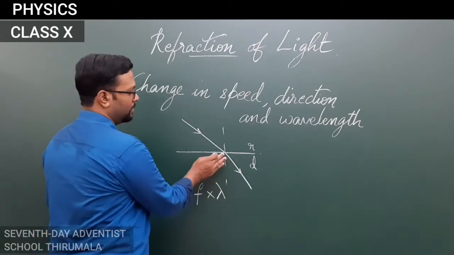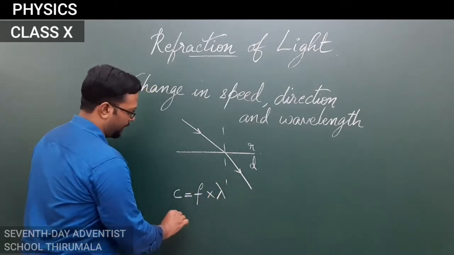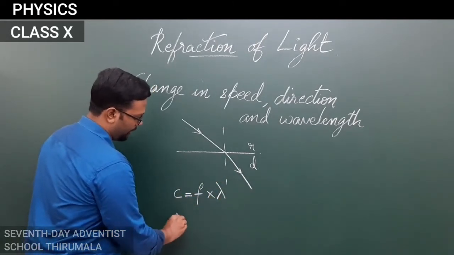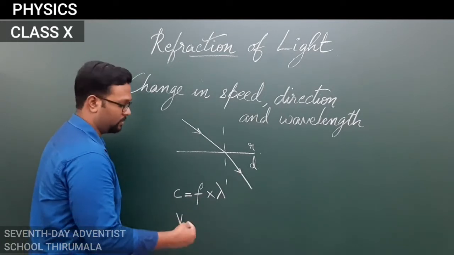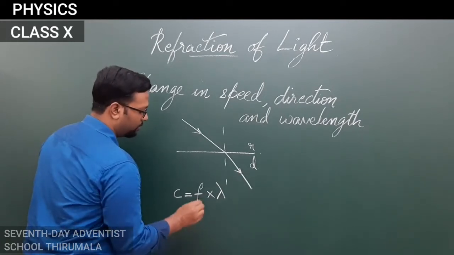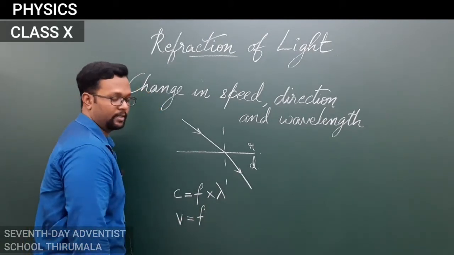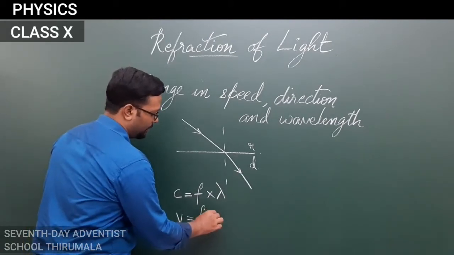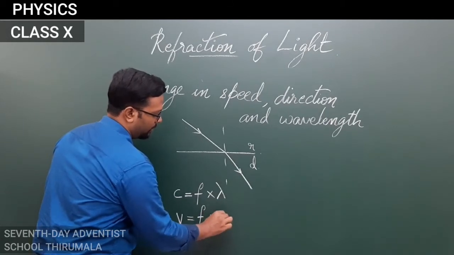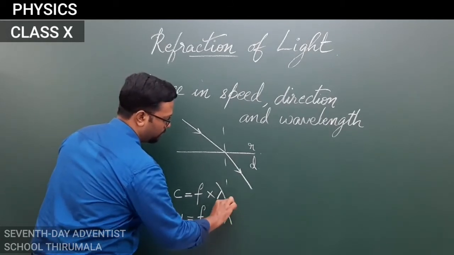Now when it enters into a medium, its velocity decreases to v, and what we have to remember is that the frequency remains the same and its wavelength will get reduced to lambda dash.